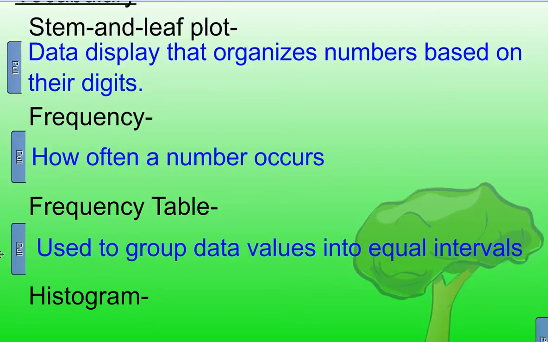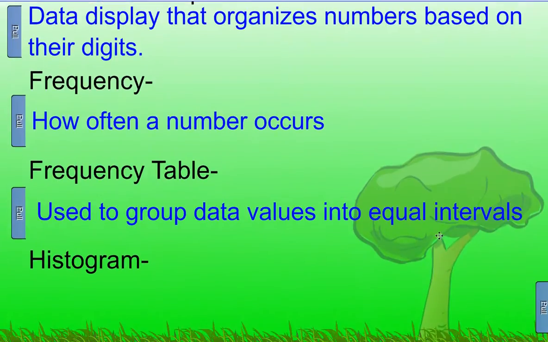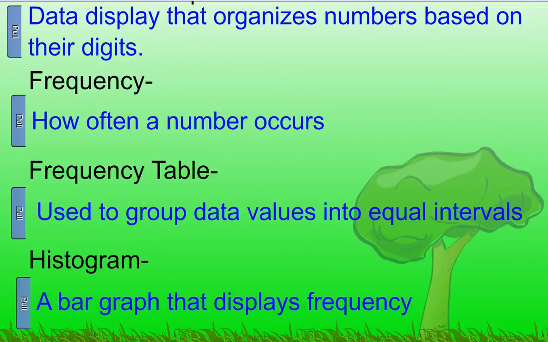The frequency table is used to group data values into equal intervals. And after you've made the frequency table, you turn it into a histogram. Now, it says this is a bar graph.